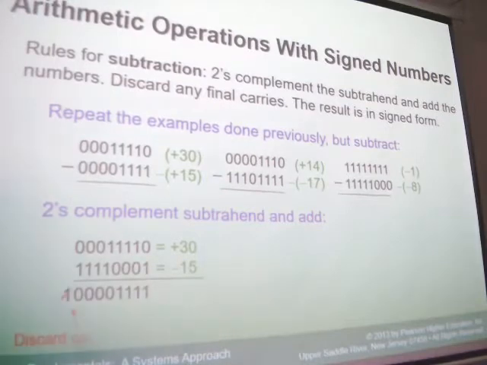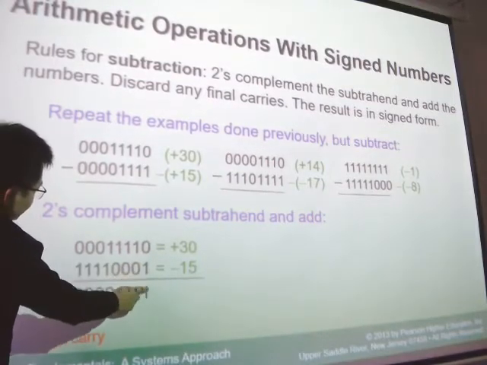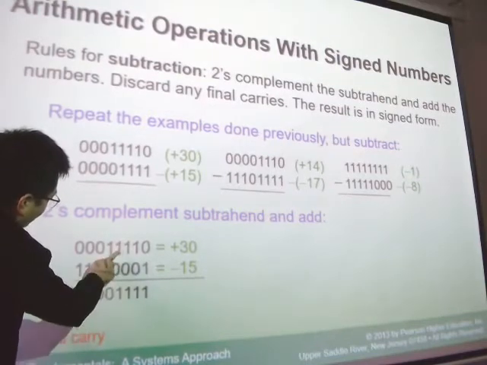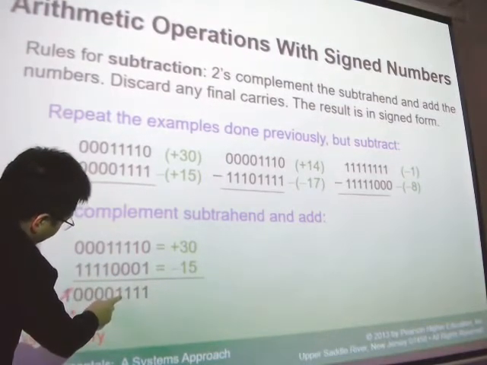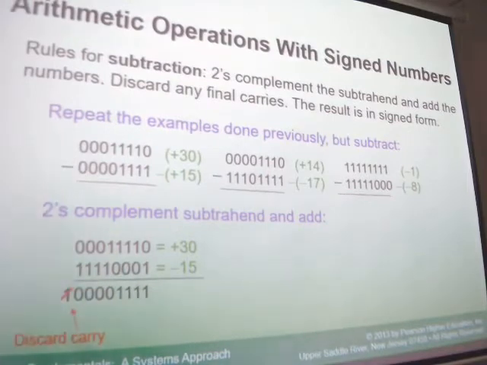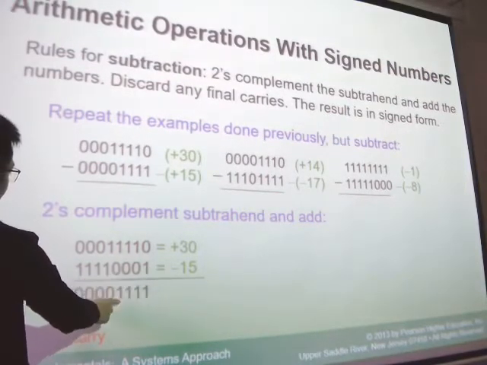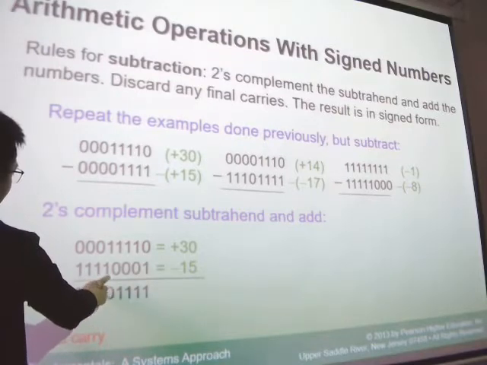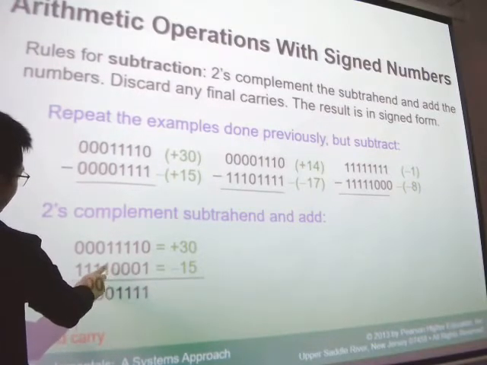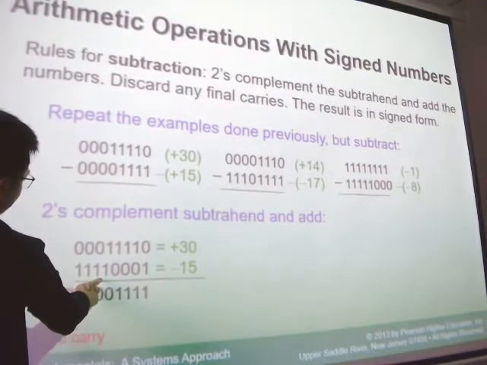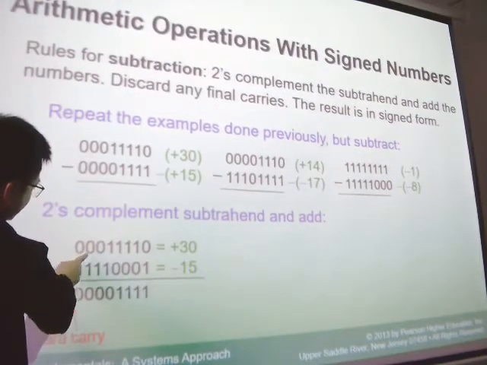So the result is 0 plus 1, 1. 1 plus 0, 1. 1 plus 0, 1. 1 plus 0, 1. Carry out is 1. 1 plus 0 is 0, and carry out is 1. 1 plus 1 plus 0 is 0.